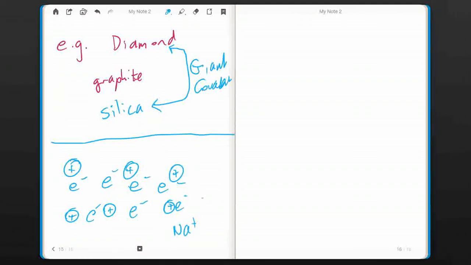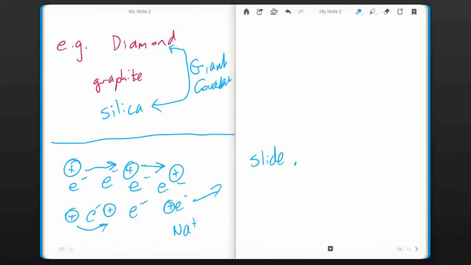Alright, so what does this sea of electrons mean? Well, I said it allows them to slide over each other, because the pluses can just simply slide over the electrons. Okay, it also means that the electrons can move, which gives it conductivity.